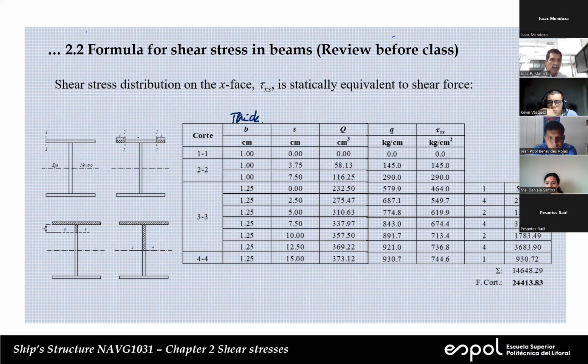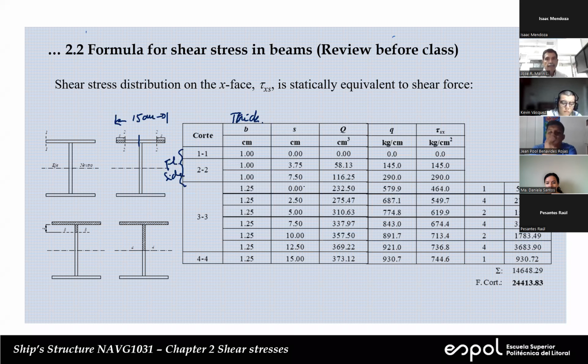Remember that from here to here, that's 15 centimeters. So if I go up to here, that's half, so this part here is the flange on one side.